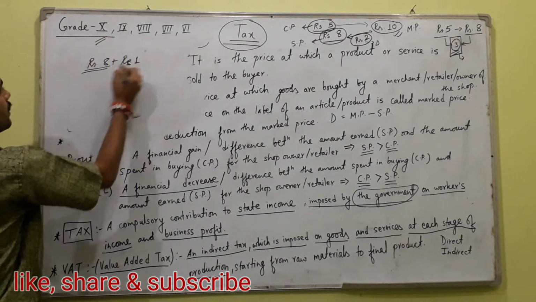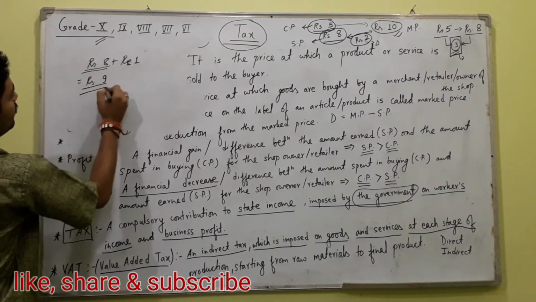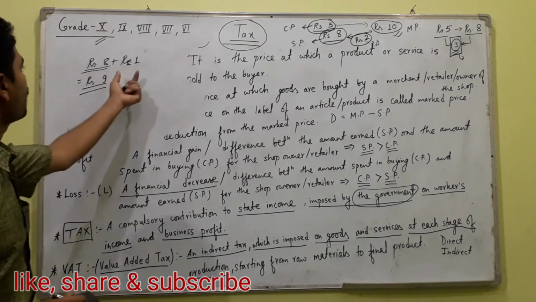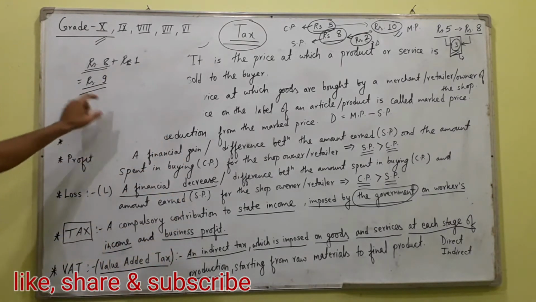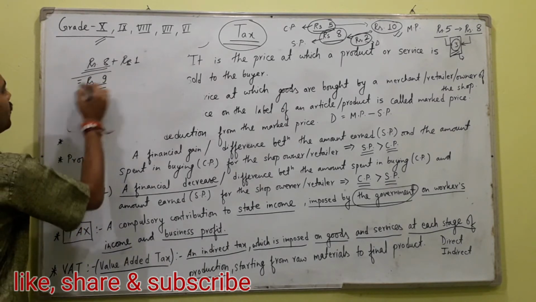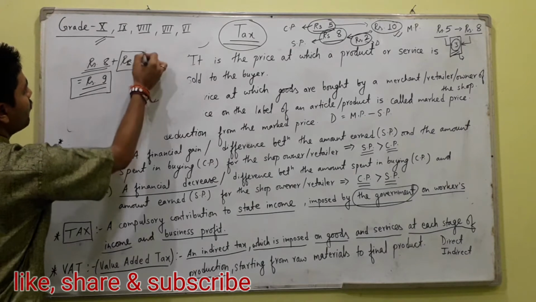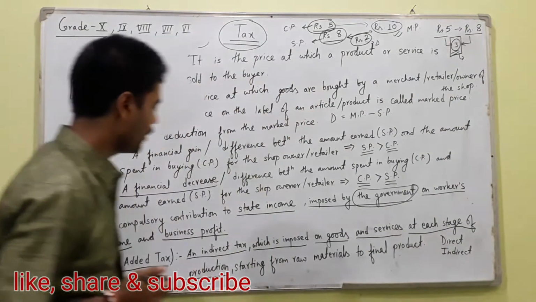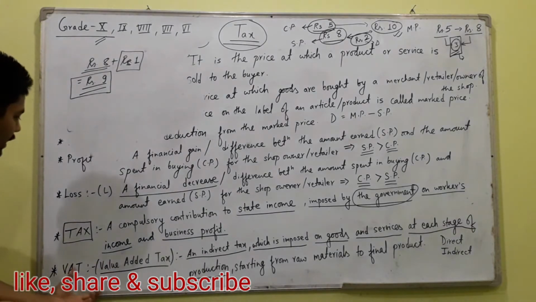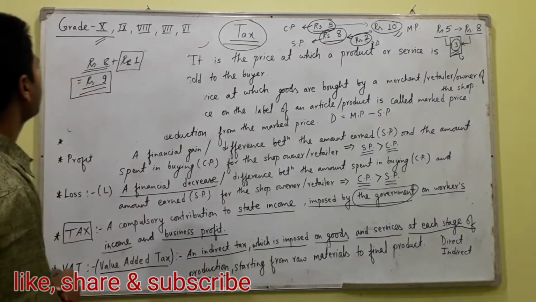Then altogether we will be paying rupees 9 to the retailer, and among them 1 rupee might be the value added tax here, and the total selling price will now be 9. So this is the meaning of value added tax, and the meaning of value added tax or VAT will be more clear if I do the numericals related to all these topics.